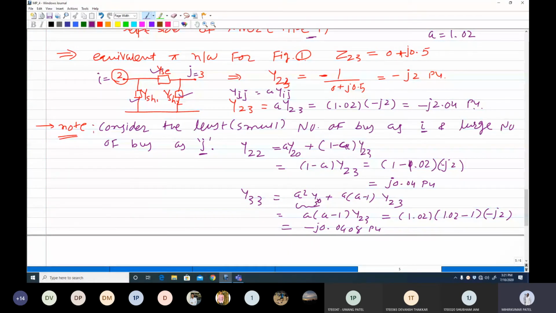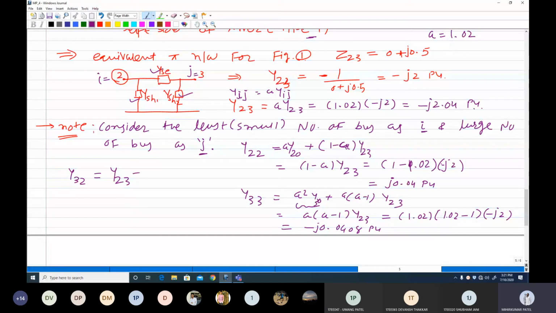Clear? Then next, what is the answer of Y32? To calculate Y32, what is the answer? It is the same as Y23.